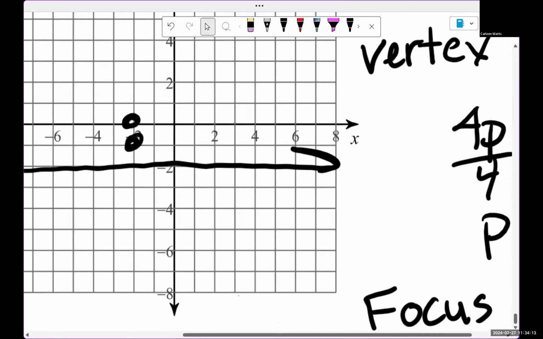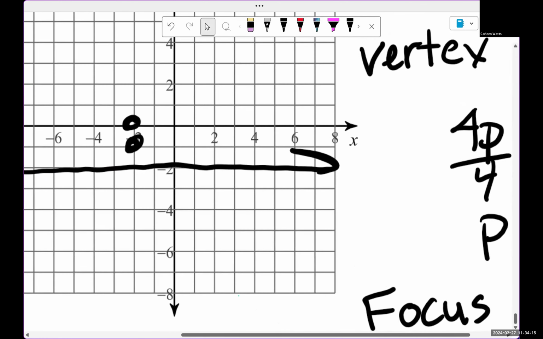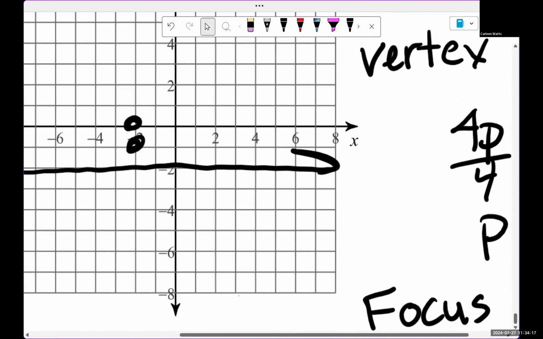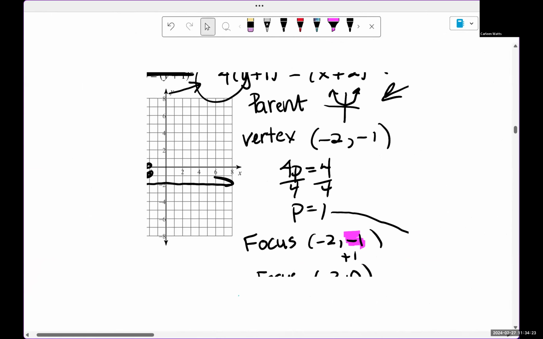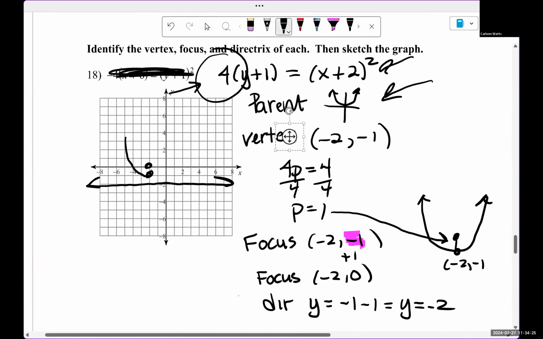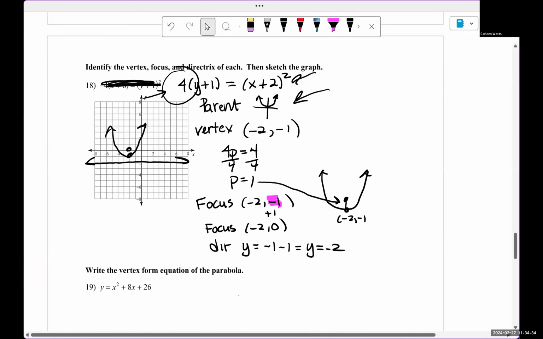So look at that. The focus is 1 above. The directrix is 1 below. The parabola hugs the focus, has its back to the directrix. Okay, that's it for that one.